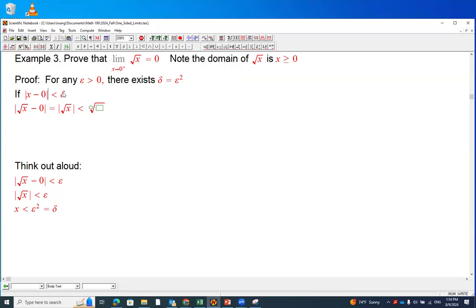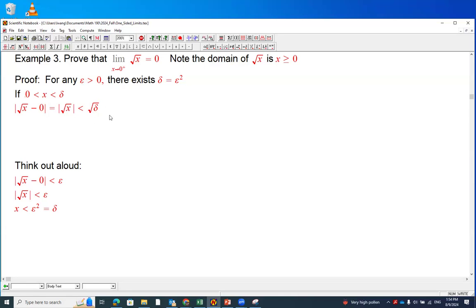And because this is approaching 0 from larger, 0 is less than x, which is less than delta. When I replace x by a smaller number delta, x is replaced by a smaller number because x is less than delta in absolute value.